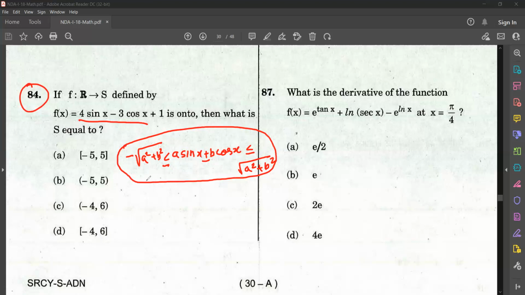Here a is 4, b is negative 3, isn't it? So it will lie from root of 4 square plus negative 3 square, that is 16 plus 9, root 25, that is 5. Negative 5 less than or equal to 4 sin x minus 3 cos x less than or equal to 5.